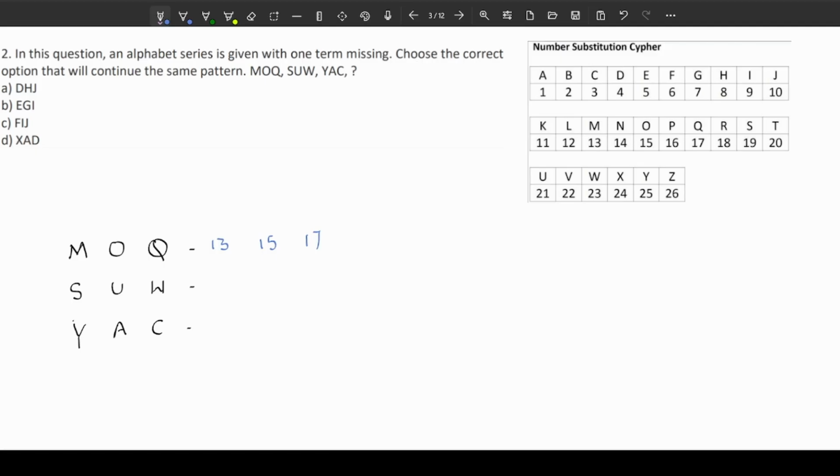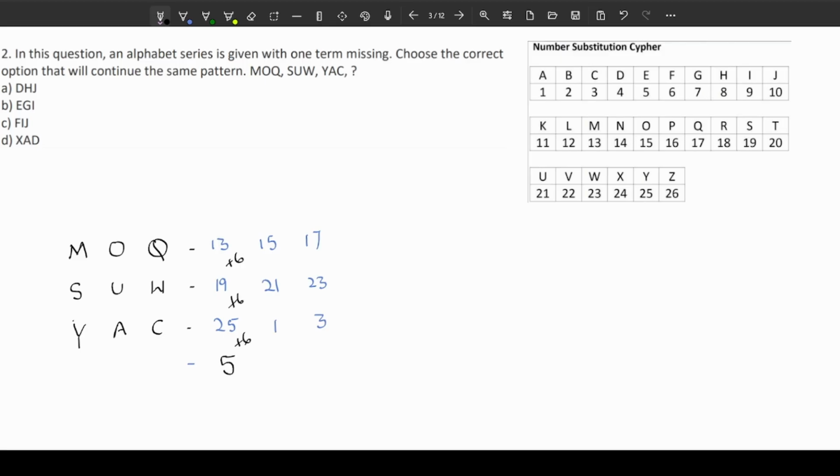What about S, U, and W? S 19, 21, 23. YAC 25, 1, 3. So if you can see, 13 and 19 is adding up by plus 6. So the first letters of the series are adding up by plus 6. So 13, 19, 25, and hence we need to add plus 6, which is 5.